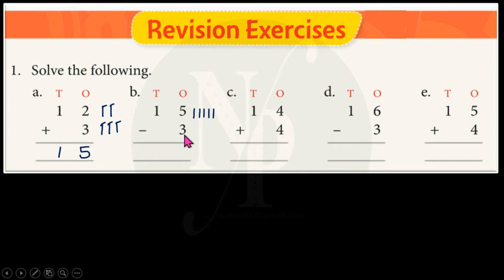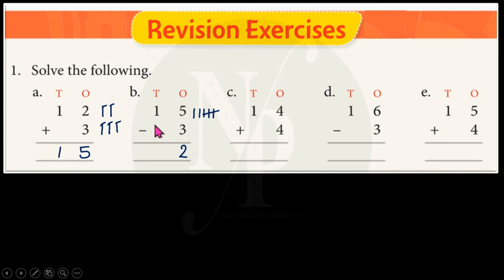So I will strike out 3 lines. I will count from right and strike out 3 lines. 1, 2, 3. Now after striking out these 3 lines, how many lines are we left with? 1, 2. That means 5 minus 3 is 2. So we write 2 in ones place here.